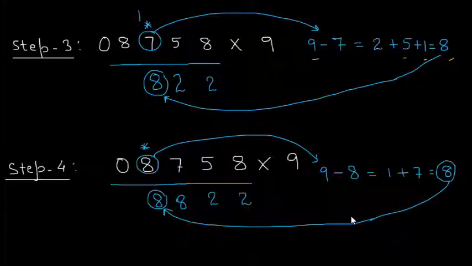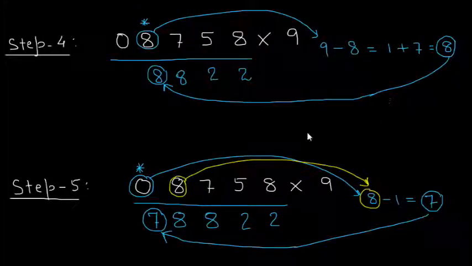Put 8 here. So the next number is 8. We'll subtract 9 minus 8, that is 1. We'll add the right hand side neighbor, that is 7. 1 plus 7, that is equal to 8.